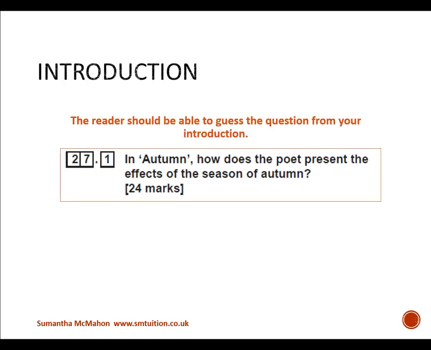When constructing an introductory paragraph, a good way to assess whether you have written a strong opening is to follow this rule. If someone does not know the question, they should know what it is by reading your introduction. It should also open your answer so that the reader knows what kind of things you intend to discuss. Here's an example.